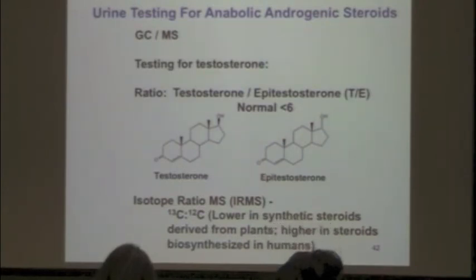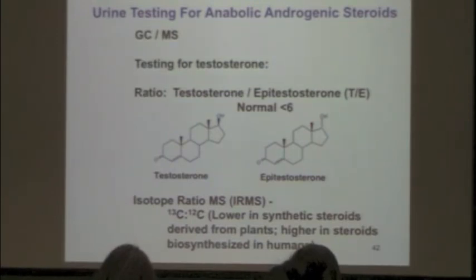You probably wouldn't be able to, except for a little knowledge of the science and the biochemistry. Because the testosterone to epitestosterone, the T to E ratio, generally is around 6 or less. Sometimes maybe a little higher than that.